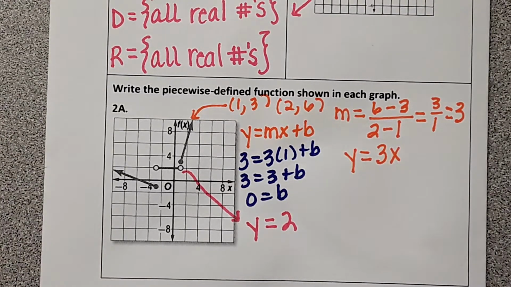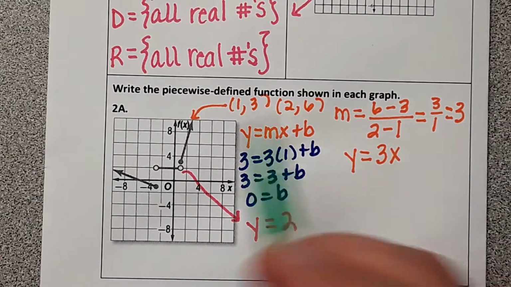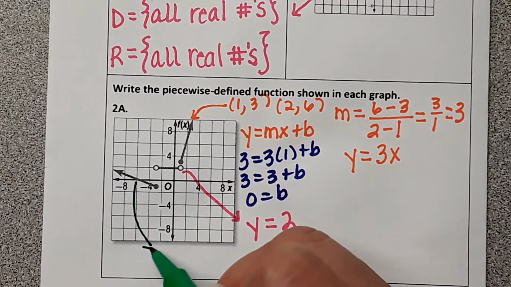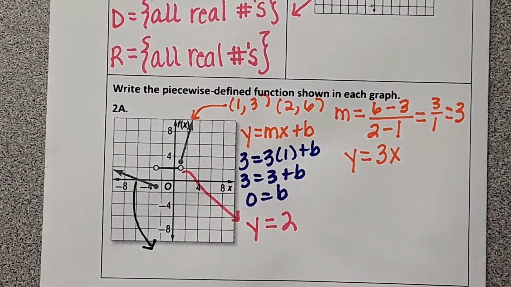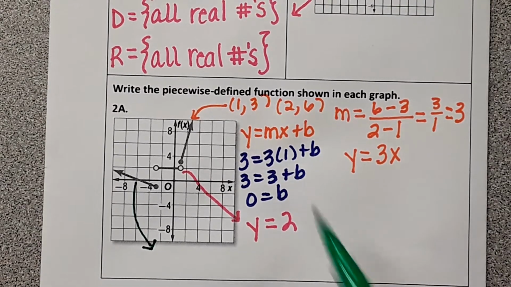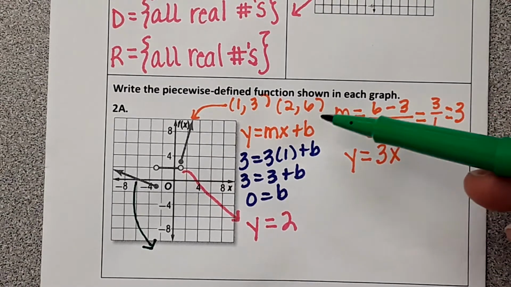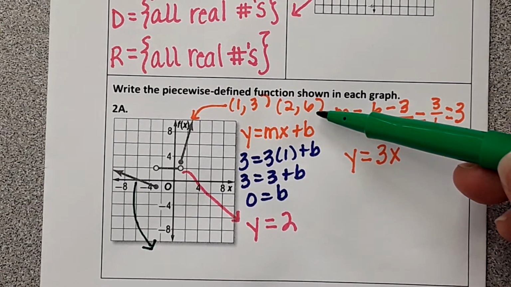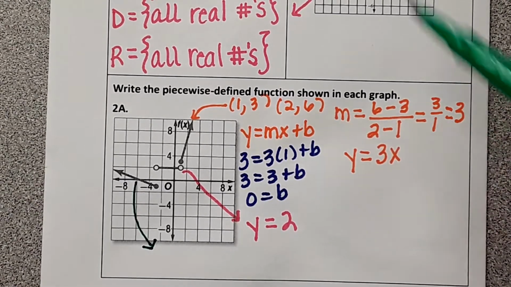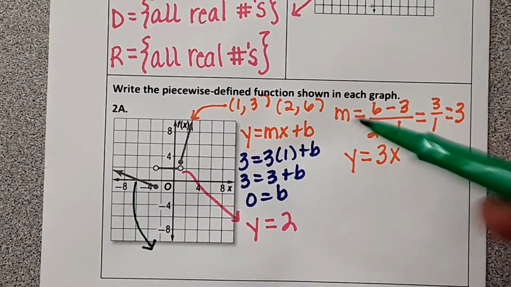And we have one more, and it's this one right there. So what do you think we have to do with that one? The last one, what do you think we have to do? We're going to kind of have to do what we did in 2A, in the orange, again.